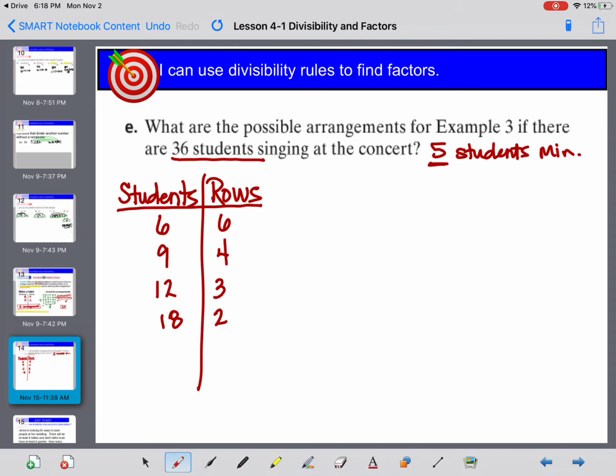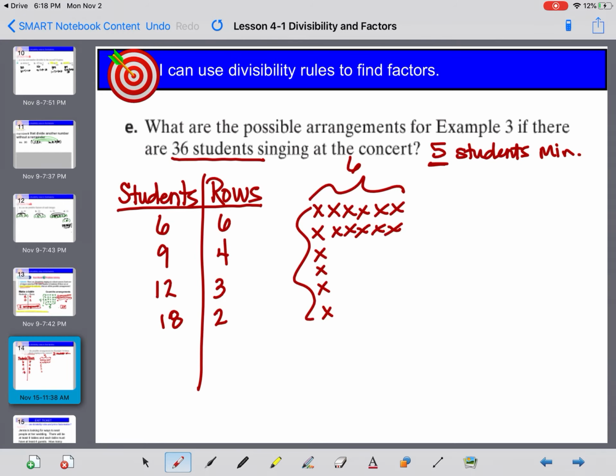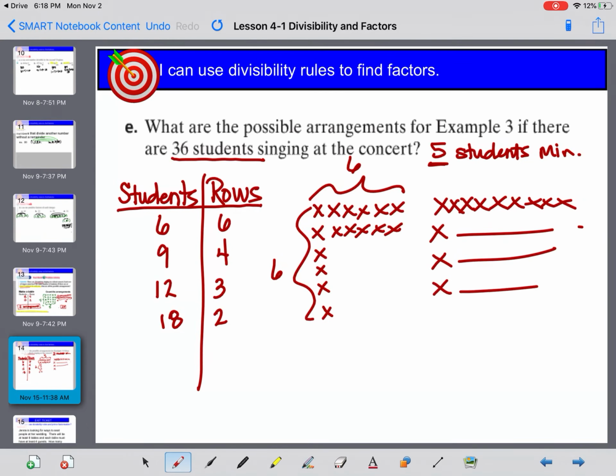So let's draw what that would look like. And so I could have 6 in a row and then 6 rows deep. Or I could have 9 and then another row of 9 and then another row of 9 and then another row of 9, and I get 36.